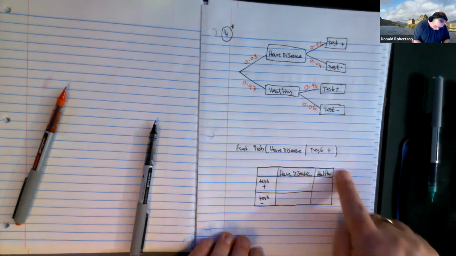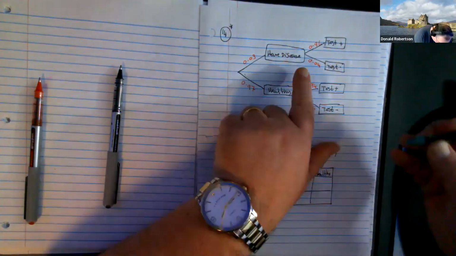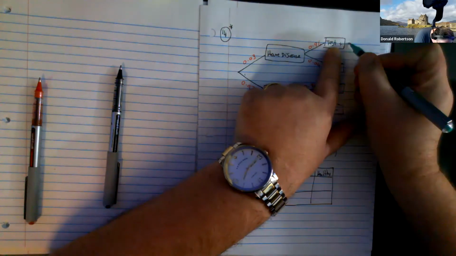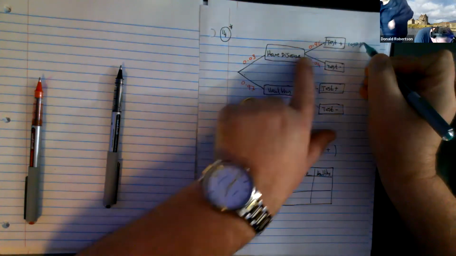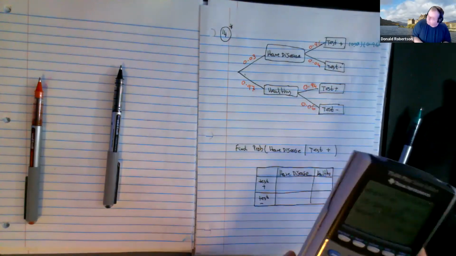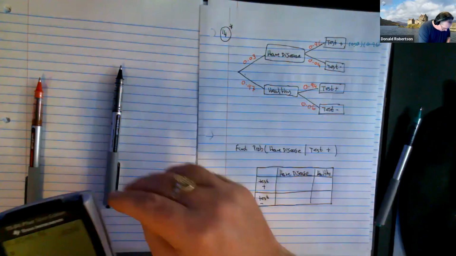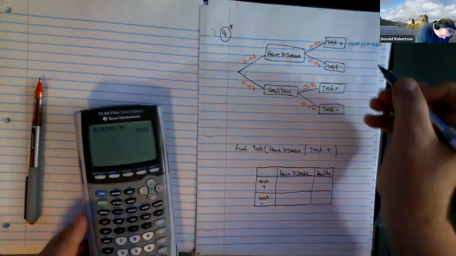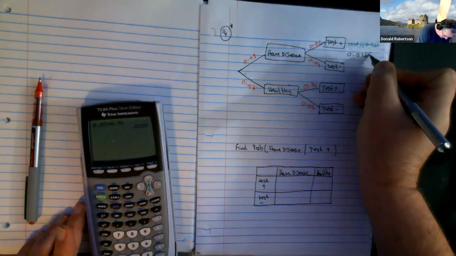Now, in this case, you are going to create one of these tables. And so let's get the numbers going. If you want to test positive, you multiply 0.03 with 0.96, and you get 0.0288.